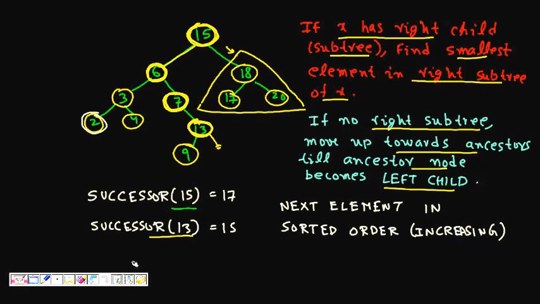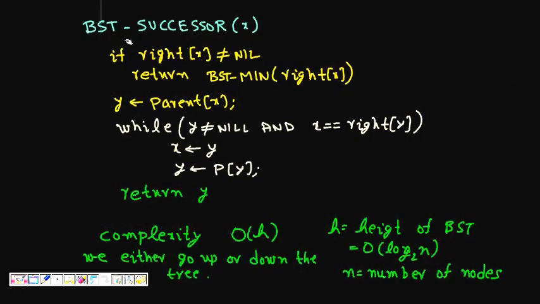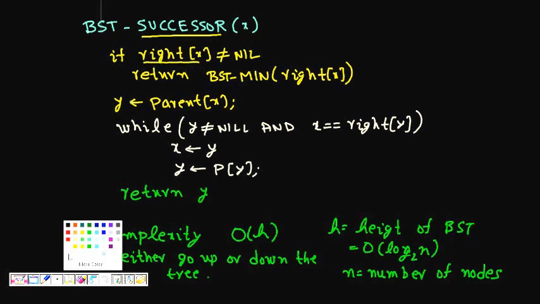Okay, so this is a recursive code in binary search tree. So let's try to see BST successor of a given node X. So what we do, if the right child of X is not null, then we have a right subtree.